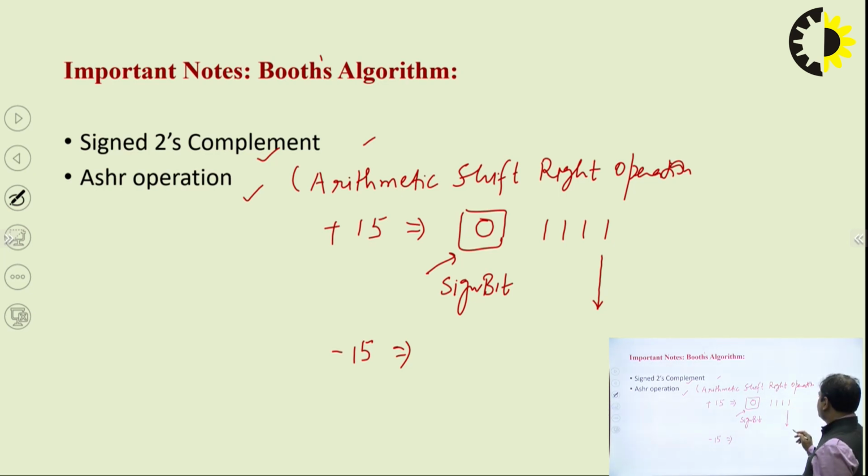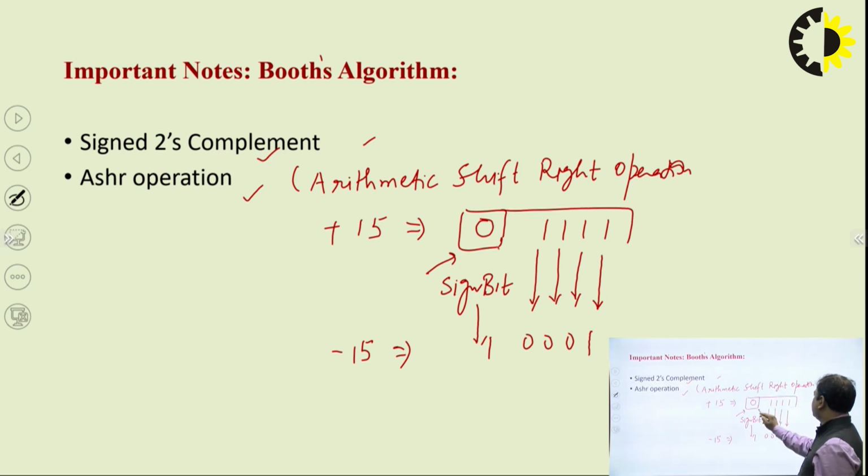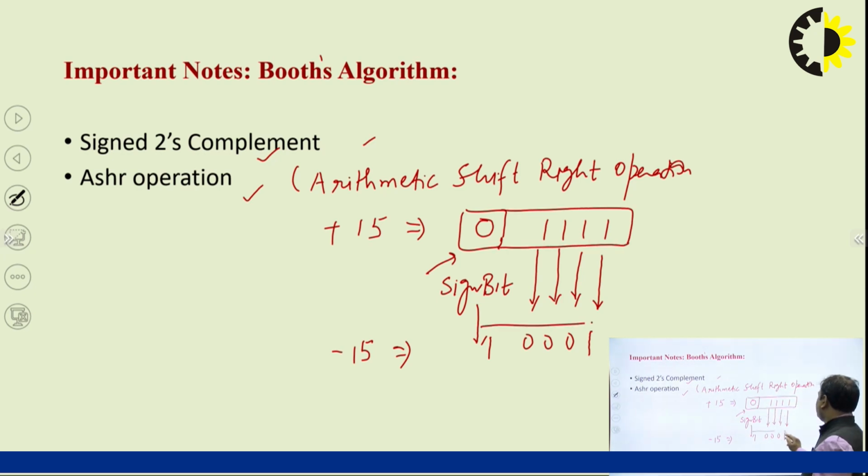The first one remains unchanged, and after that we complement the bits: 0, 0, 0, including the sign bit, that is 1. So this is the plus 15 representation, and this is the minus 15 representation. So that is important, right?